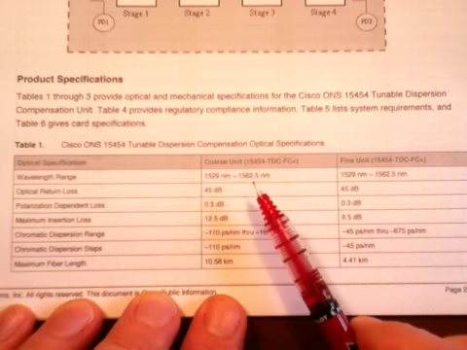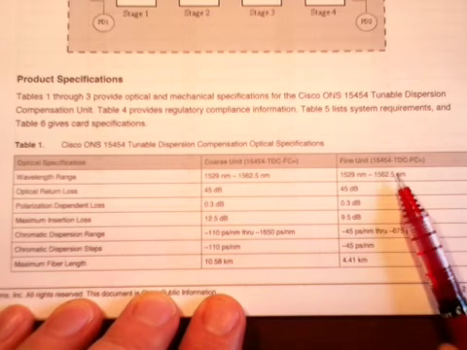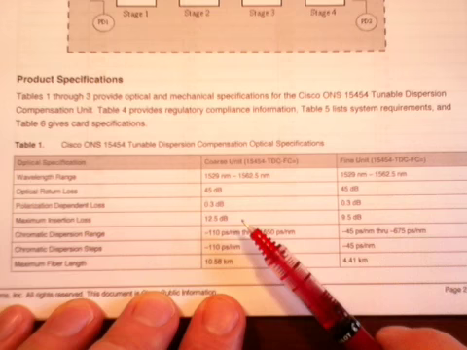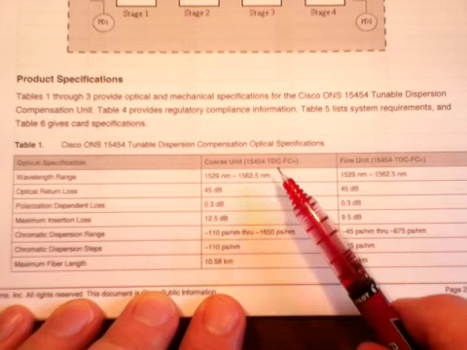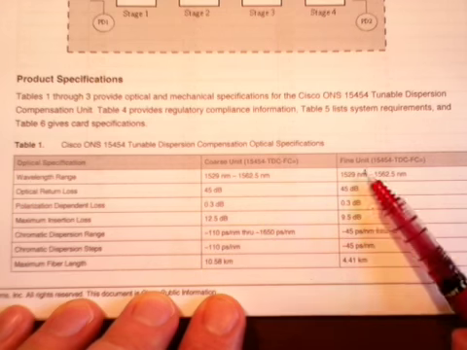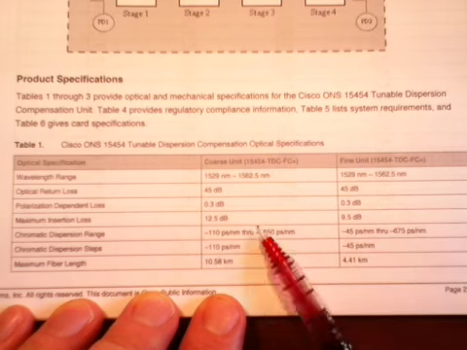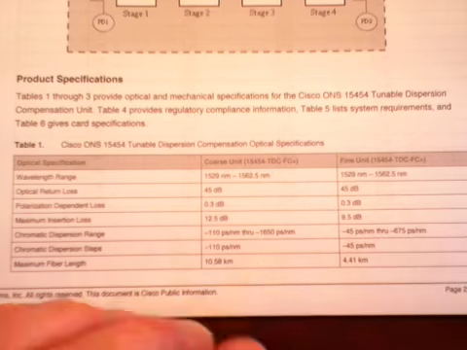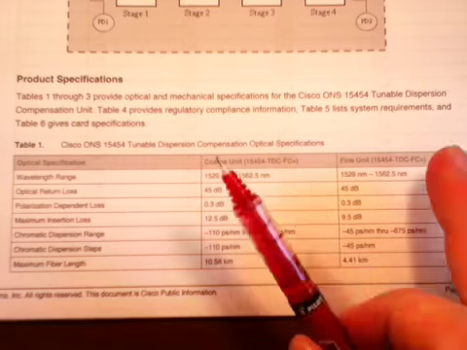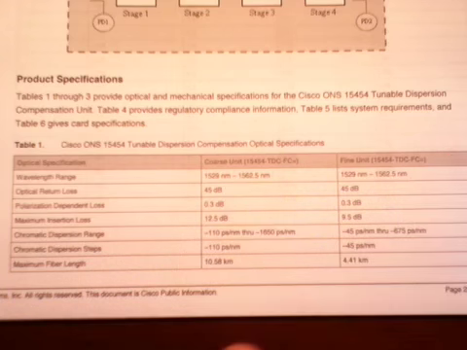Okay, and this card shows the same basic diagram, but also gives you some specs here, and I hope you can read them. They're smaller than normal type. The wavelength range is the C-band on both of them. Maximum insertion loss is 12.5 dB for the coarse unit and 9.5 dB for the fine unit. And they don't give any spec at all on dispersion slope over the wavelength range.